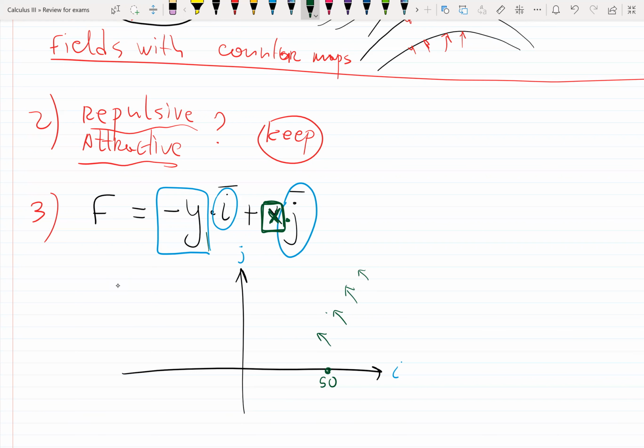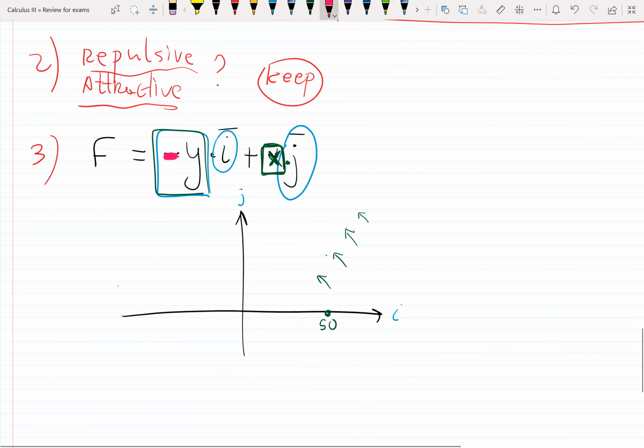The bigger the component in front of I, the more we are going to the right. And in this case, it's hard to flip the direction. When I'm going very low, because negative y goes down, I'm going very much to the right. So that's like so.